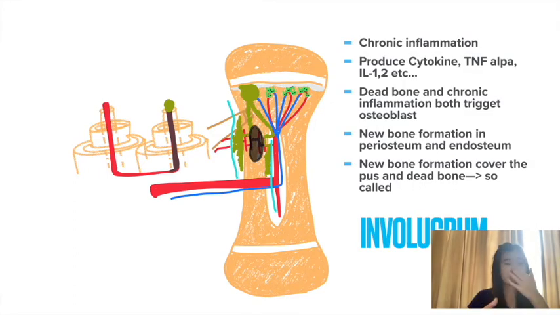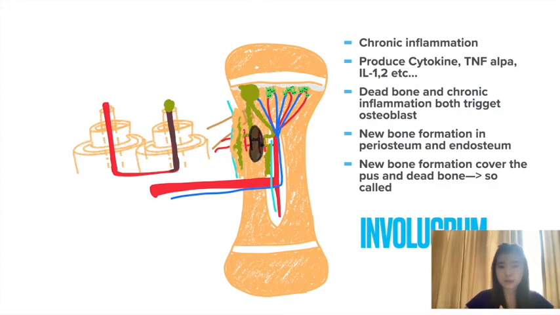After chronic inflammation, this chronic inflammation produces cytokines and all of that. The dead bone and the chronic inflammation both trigger osteoblast formation and new bone formation in the periosteum and also in the endosteum, because both sides are involved. The new bone formation covers both like this, because the body is trying to cover this so the pus won't get anywhere.